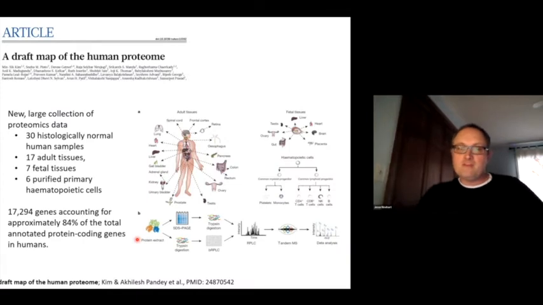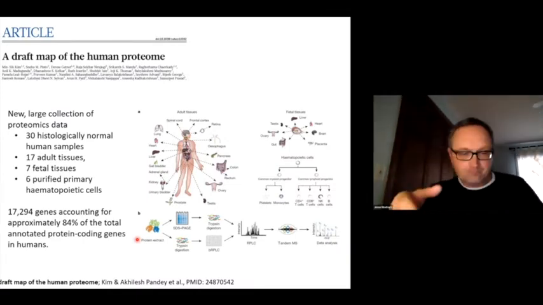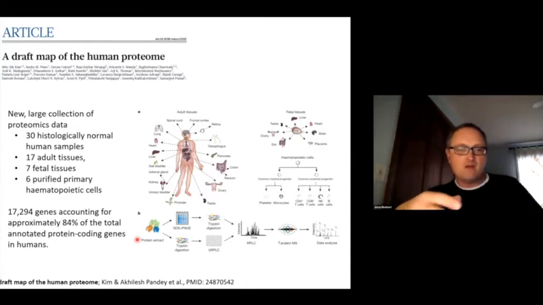So there were two papers that reported this draft map, and the second paper did a lot of the same thing. They took existing data and they also collected their own data. But I like this slide because it points out something important.